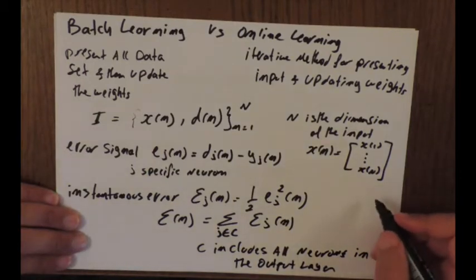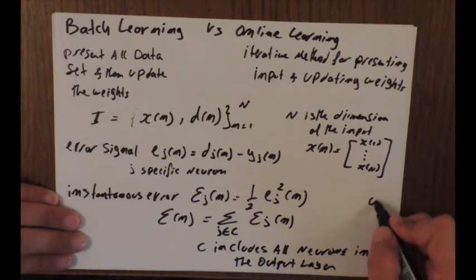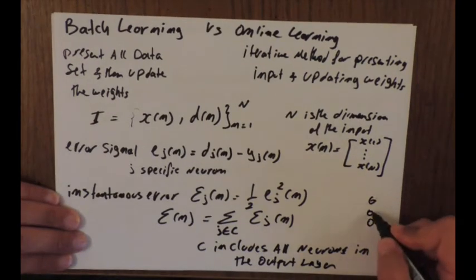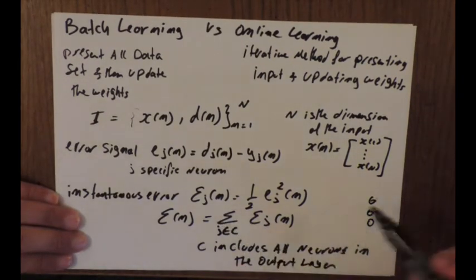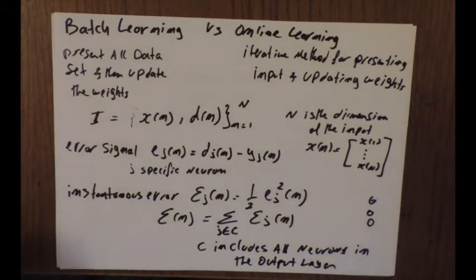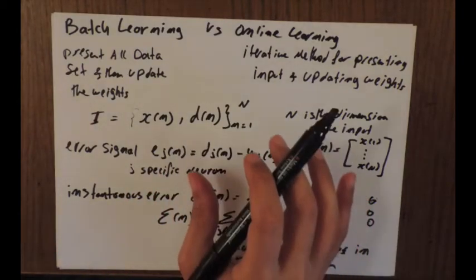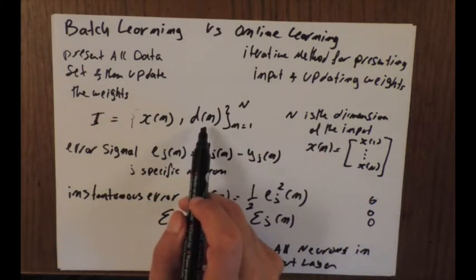So if we have 3 neurons in the output layer, each one will have an error, e j of n, where j goes from 1 to 3, and then we calculate the error and sum them over all the output layer. So first, we have the input and a target value, a desired value.